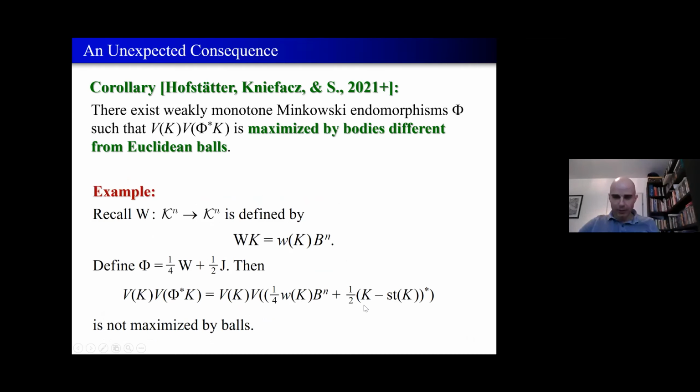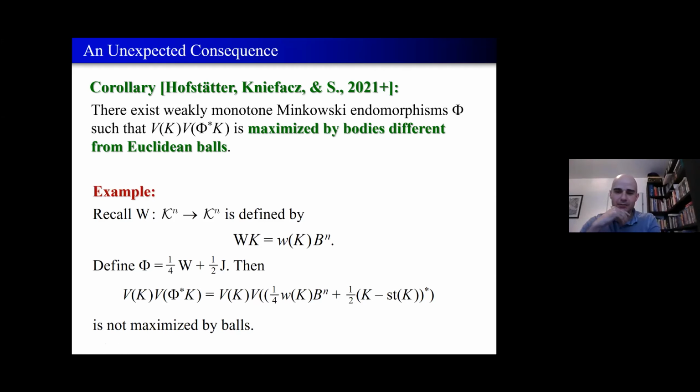So when you look at this, this is just a translate of K/2. So 1/2 of K translated with respect to half of the Steiner point, and then a parallel body of that. So K keeps its form, and then you take a parallel body where the radius of the parallel body depends on the mean width of K.